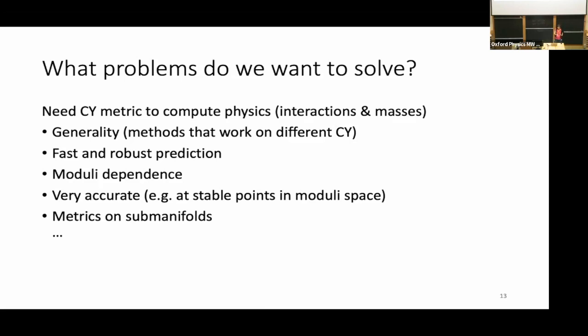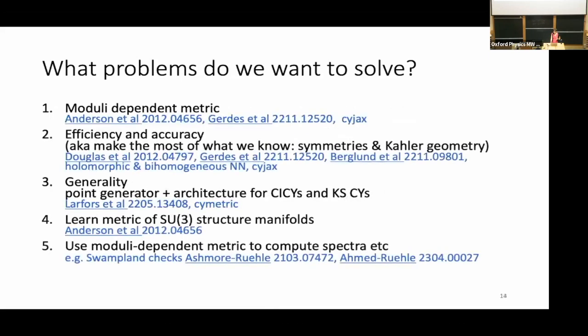And we might want to use the metrics on the Calabi-Yau to compute, for example, the volume of such cycles, which will then determine the mass of particles coming from wrapped branes. So those are just some things that we might want to do. And of course, people have thought about this for a long time, both using the new machine learning methods and before that using other numerical methods and any tool that is in the book, basically.